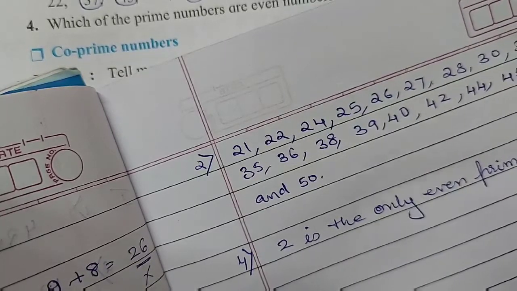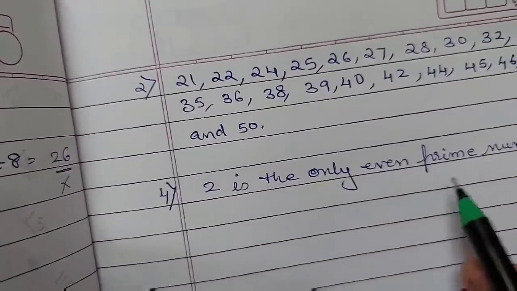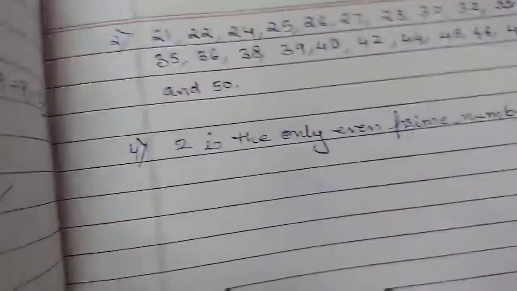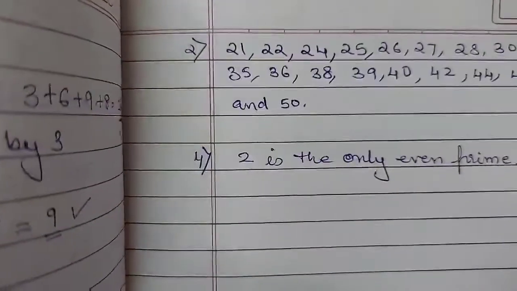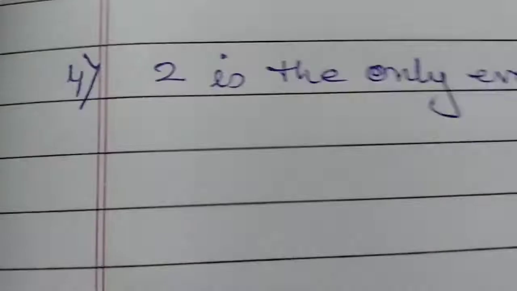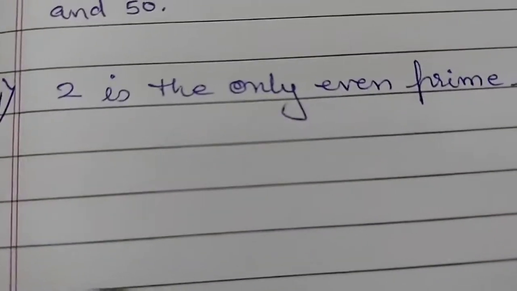Among all the prime numbers, only 2 is the even prime number. Right, children? I hope you all have understood the exercise, the problem set done clearly. Yes, children? So you can see 2 is the only even prime number.